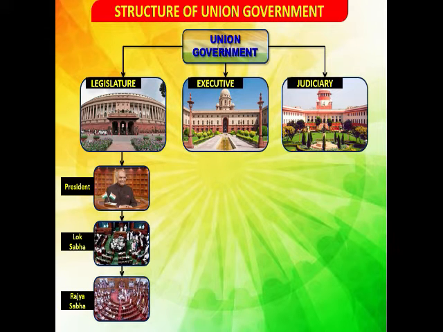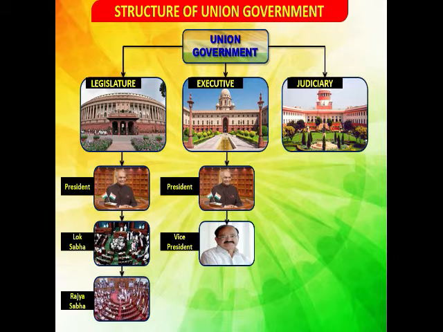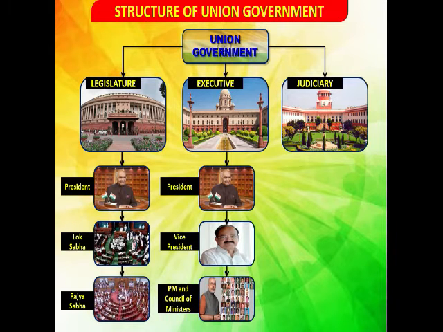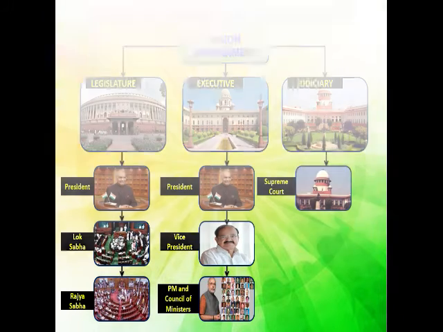The Rajya Sabha is called the Council of States and Lok Sabha is the House of the People. The executive consists of the president and the vice president, and then the prime minister and the council of ministers, and the judiciary is the Supreme Court. These are all the structure of the union government.